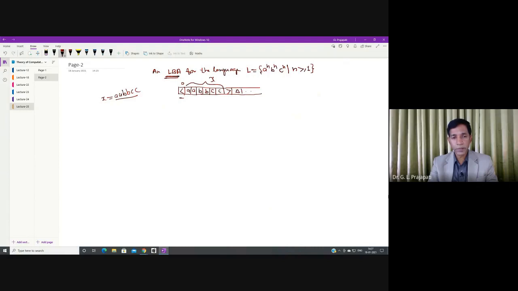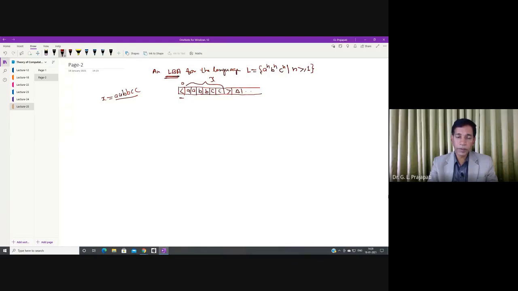One way to do this is to change the symbols one by one. You jump from the beginning to the end, and starting from the beginning, change this lowercase symbol with some other symbol so that you can remember that you have matched it.